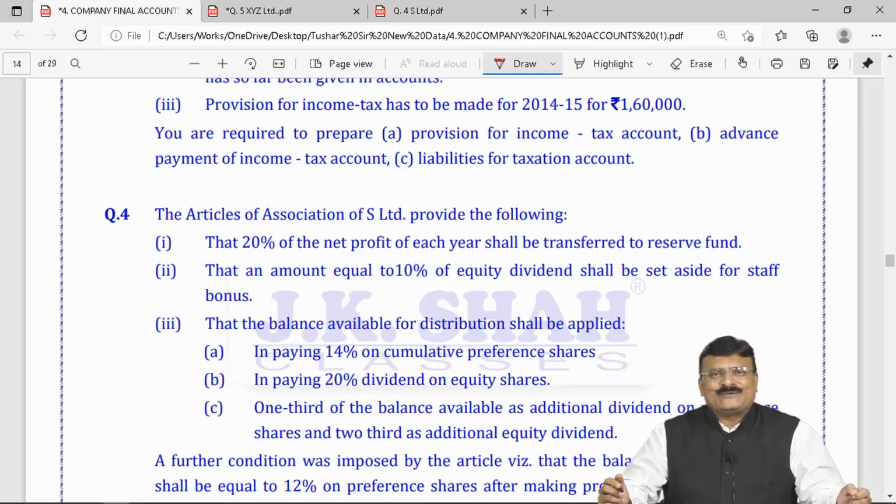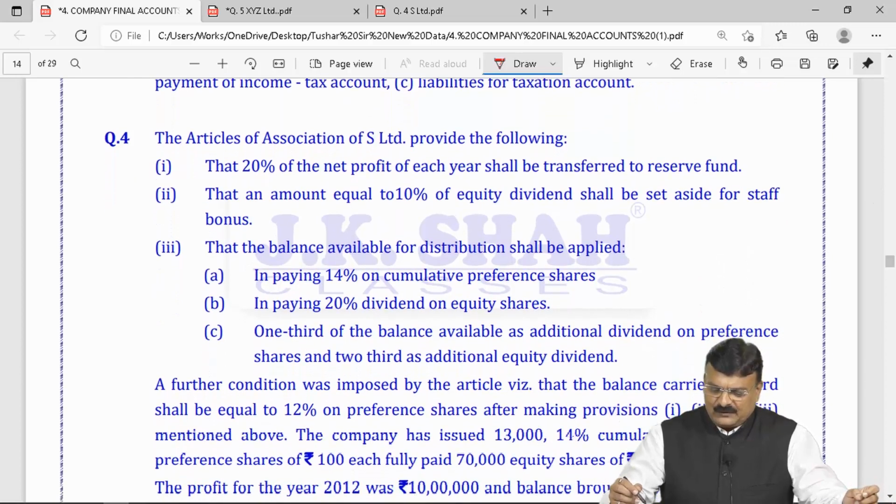We take another variety, participating preferences. This question has been asked by ICI in past papers twice or thrice. Articles of Association of S Limited provide the following: 20% of net profit of each year shall be transferred to reserve fund. An amount equal to 10% of equity dividend shall be kept aside for staff bonus.